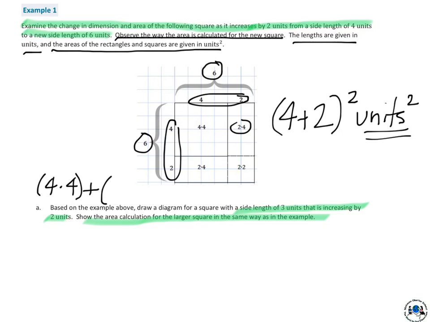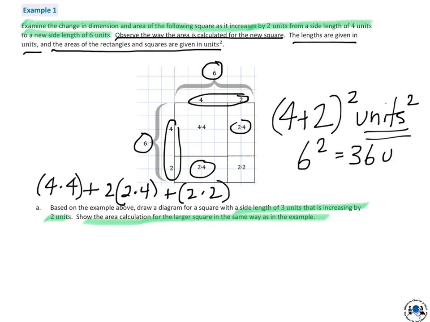We have 2 of these 2 by 4 sections, so we can write it as 2 times 4 times 2, plus 2 times 2. So here's another way we could calculate it. For example, we have 4 plus 2 here, which is 6, and then 6 squared, of course, equals 36 units squared.